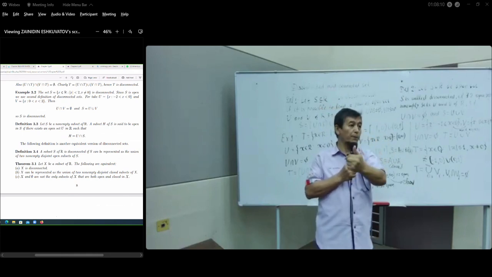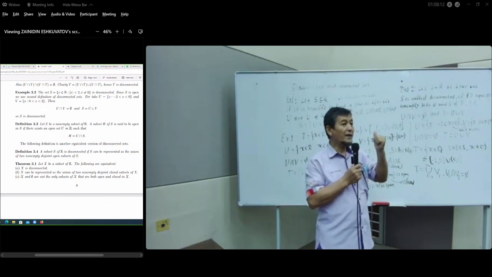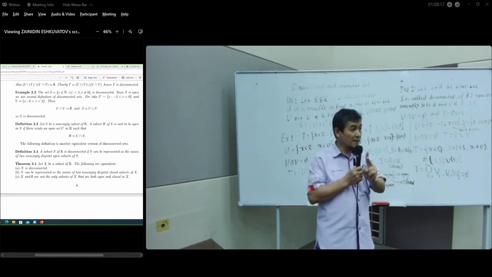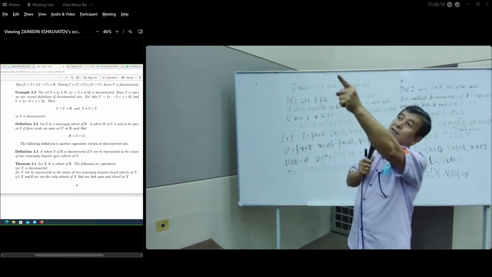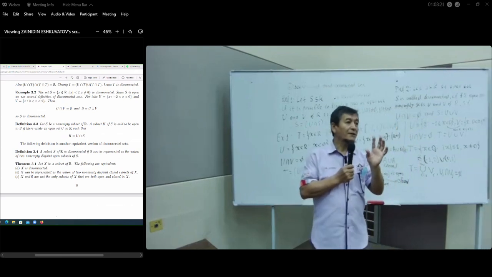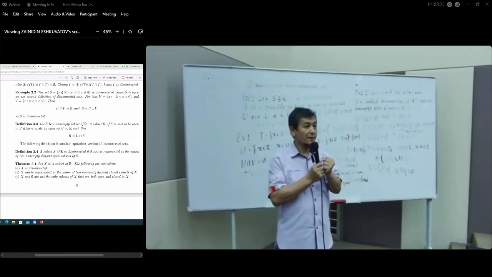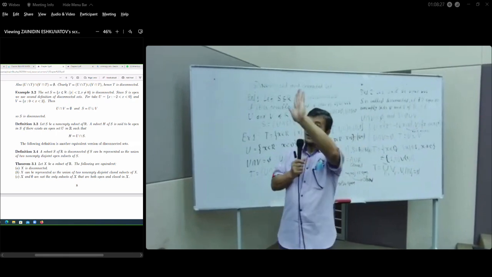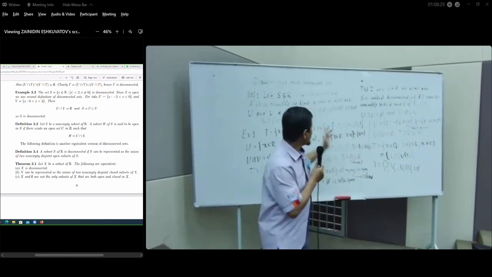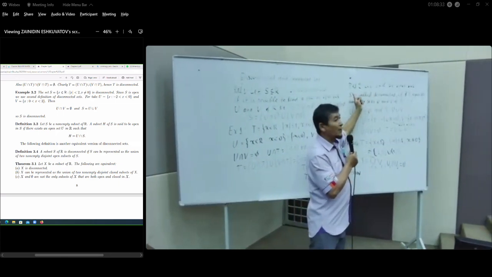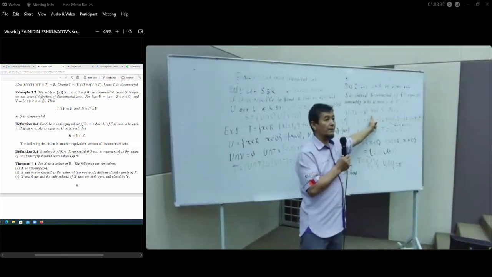The given set is an open set. So therefore, we can find two open sets U and V such that T can be written as a union of two sets. So generally, if the given set is open, then we can use the second definition as well.